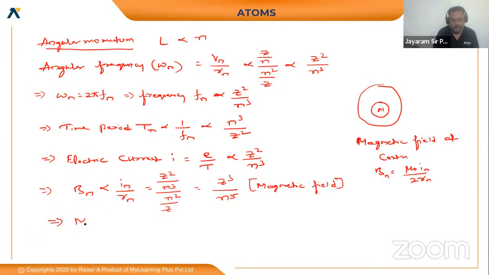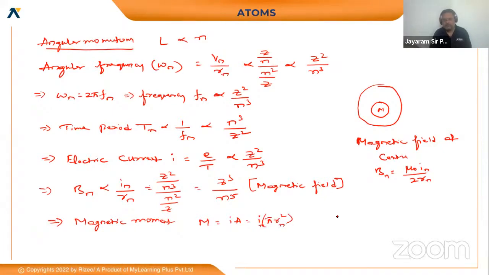And the next one is magnetic moment. Magnetic moment, where capital M is equal to I into area, that is current I into pi into radius r square. So In into Rn square.